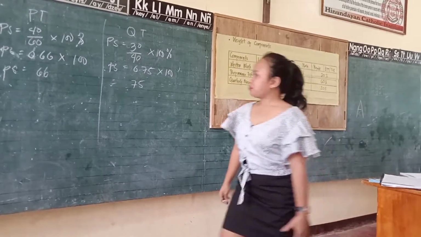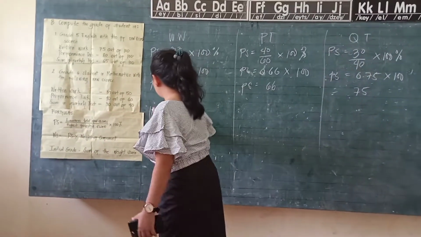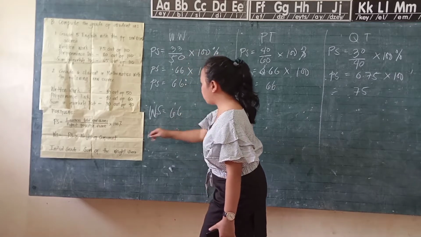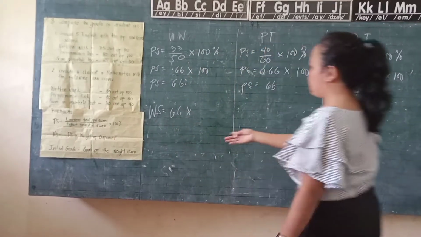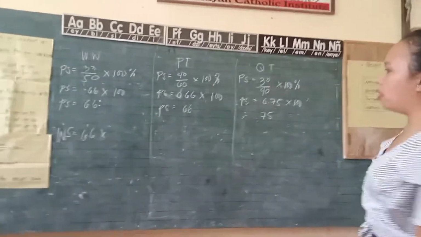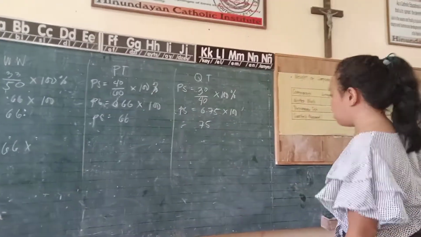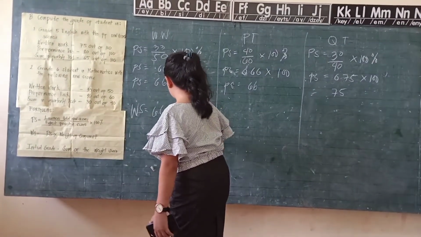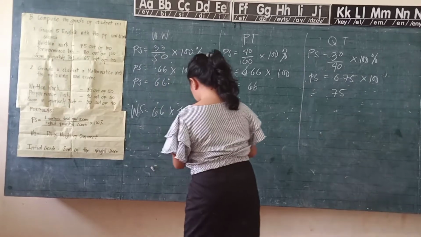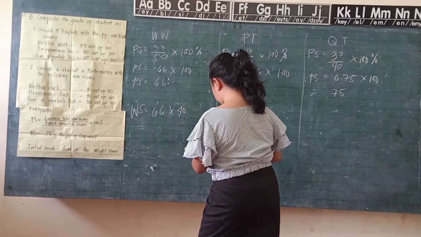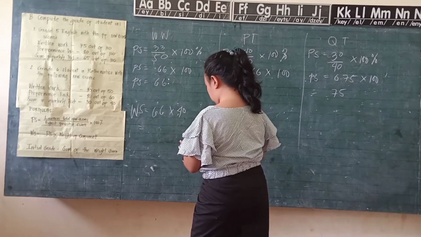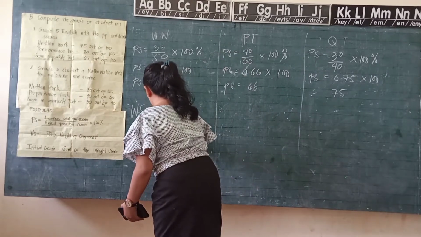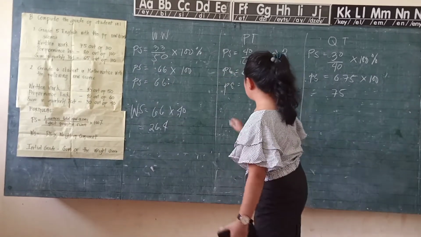The weighted score is equal to 66, the percentage score, times the weighted component for written work in mathematics, 40% or 0.40. So 66 times 0.40 is equal to 26.4.